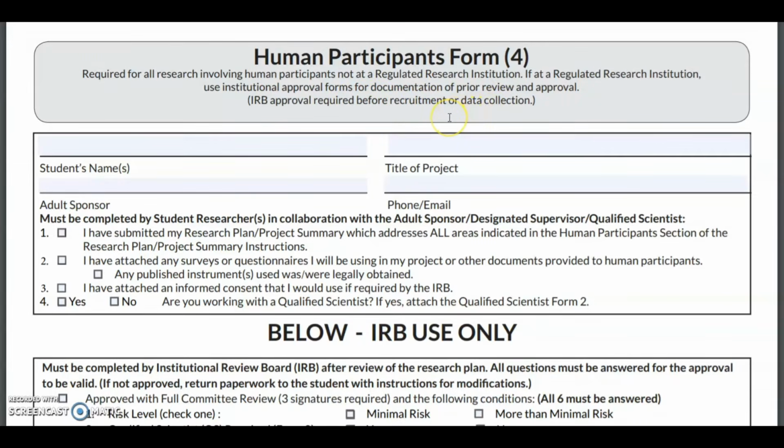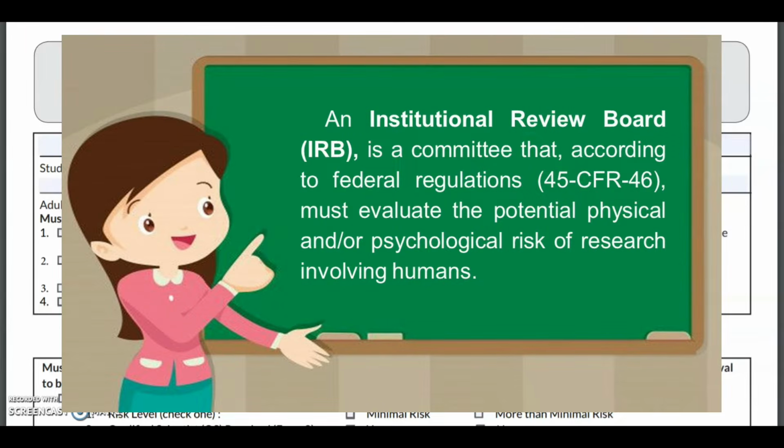Take note that IRB approval is required before recruitment or data collection. So what is IRB? An institutional review board is a committee that, according to federal regulations 45 CFR 46, must evaluate the potential physical and or psychological risk of research involving humans.